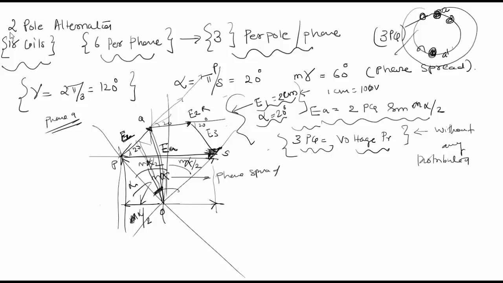So what you will get is something like 3 times PQ sine alpha by 2, and this is 3 times PQ.